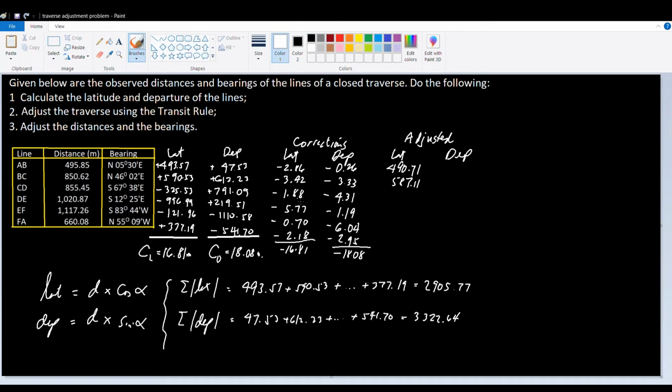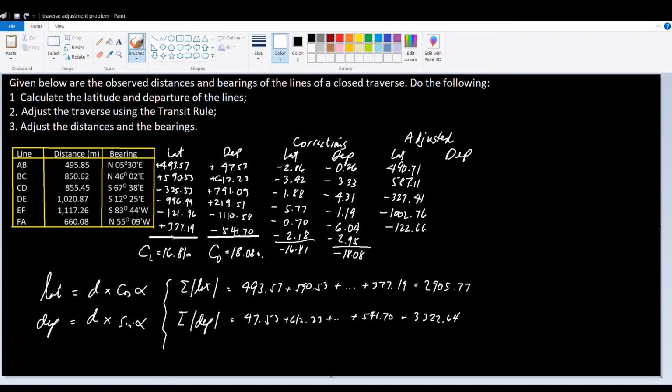minus 1.88 is negative 327.41. Negative 996.99 minus 5.77 is negative 1002.76. Negative 122.96 minus 0.70 is negative 122.66.